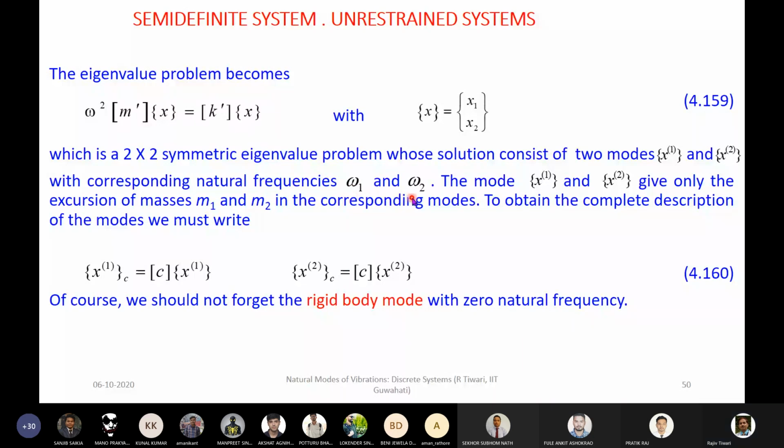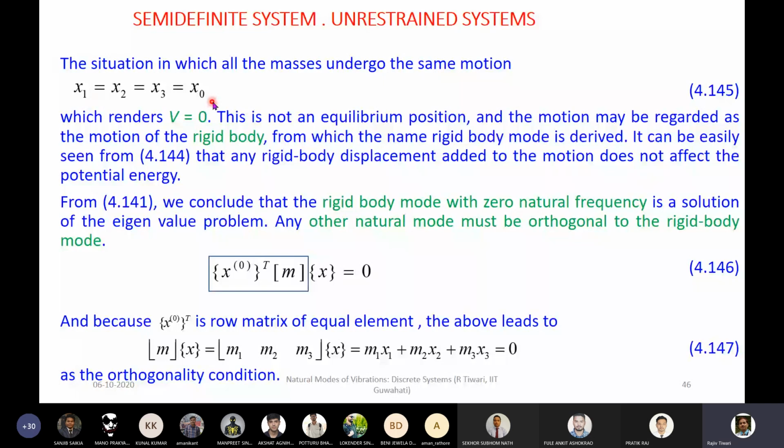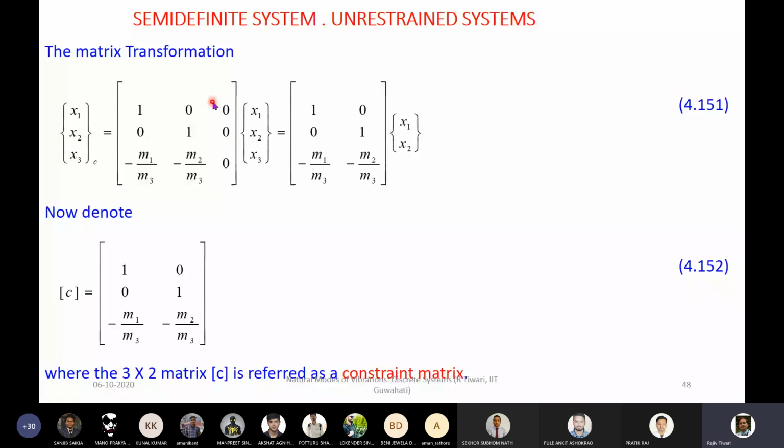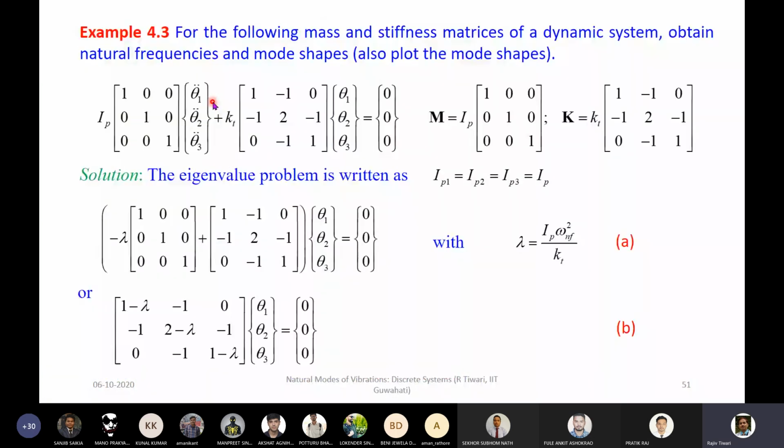And the eigenvector like this. So this is one of the examples I took. That was the equation of motion.